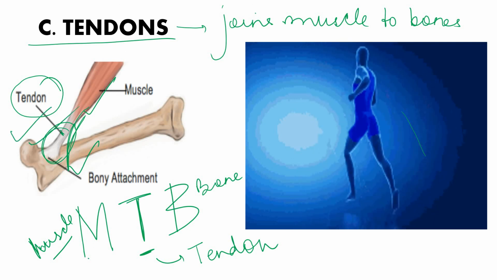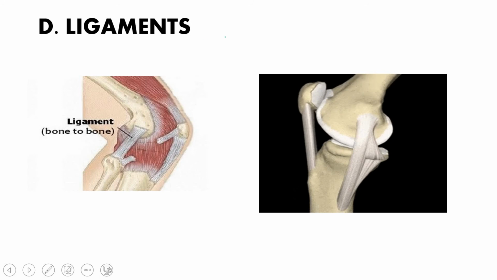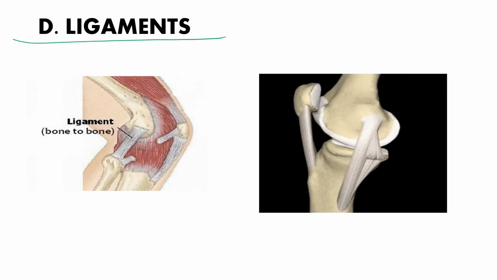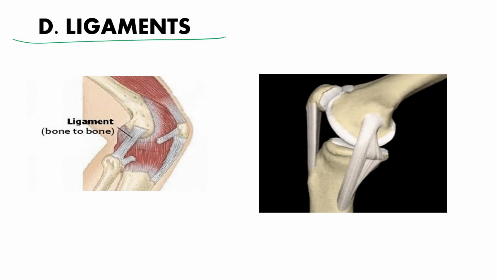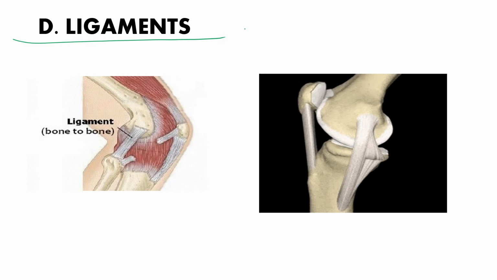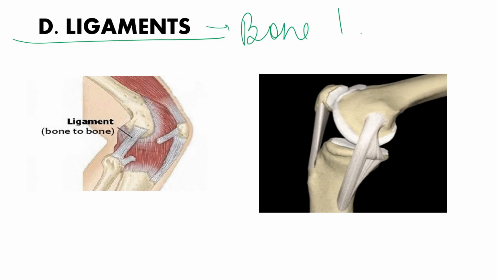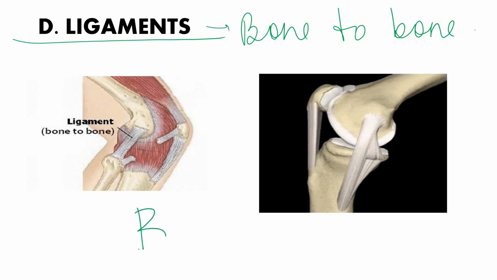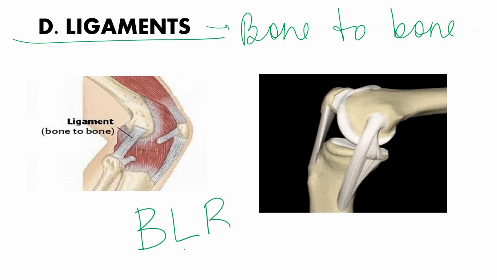Next, the fourth and last division under the fibrous tissue is the ligament. What is this ligament? These are also elastic in nature and they connect bone to bone. You can remember BLB.